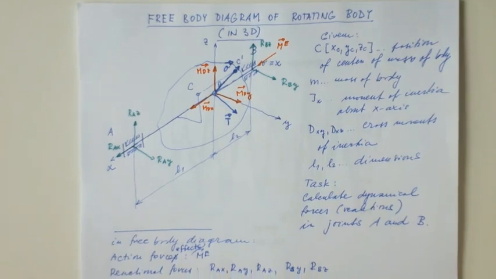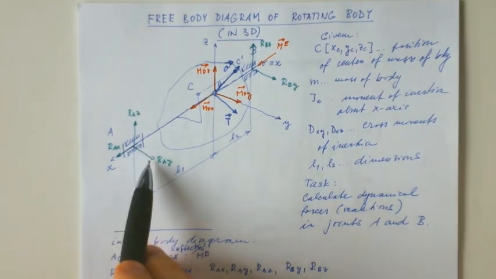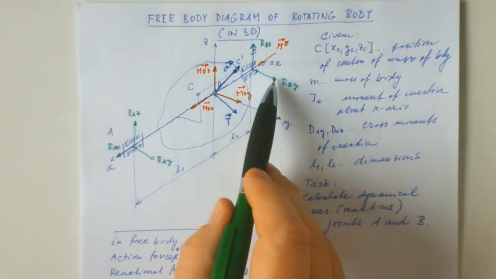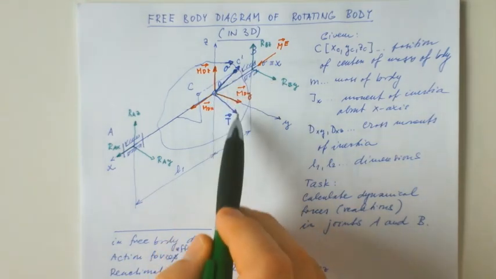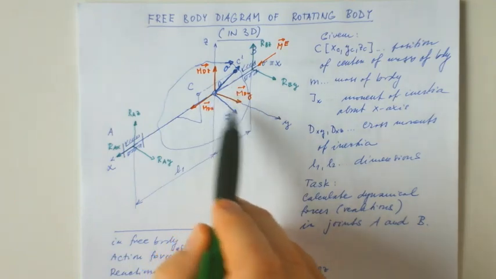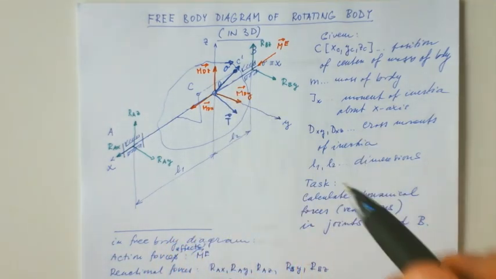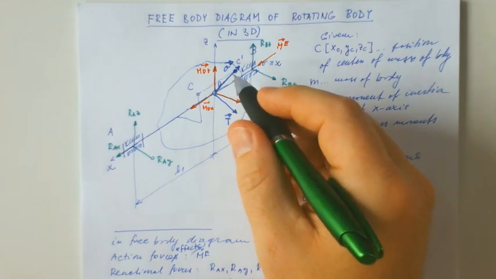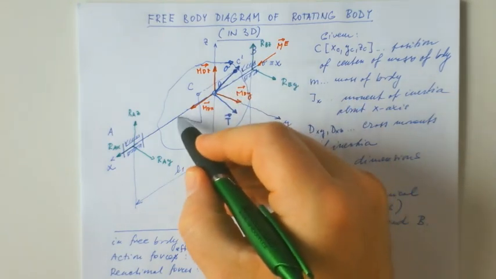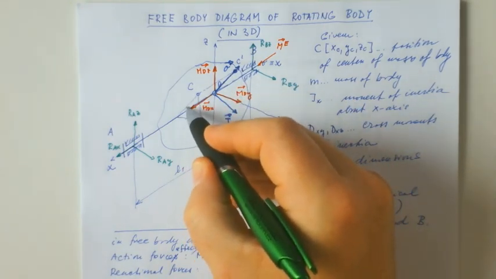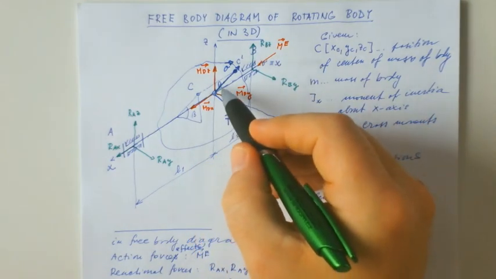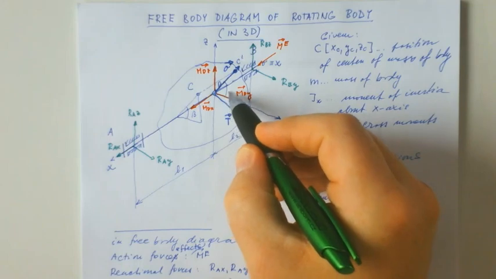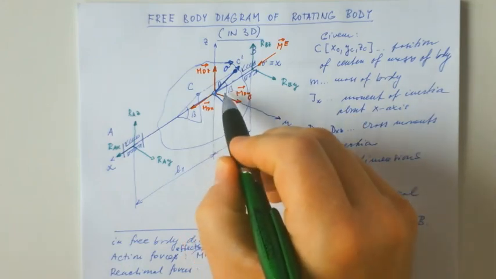And what about y direction? There is RAY, RBY, and there are some components of O and T projected to y direction. We need some angle here. Let's see, what is this angle? Let's say beta. Okay, this is the same angle as it is here, beta as well.